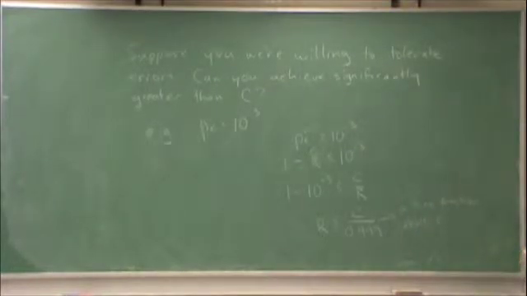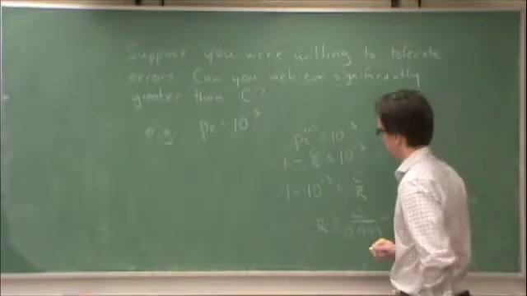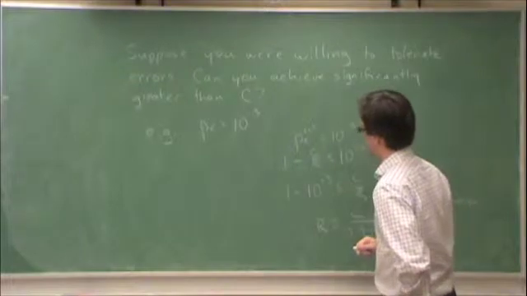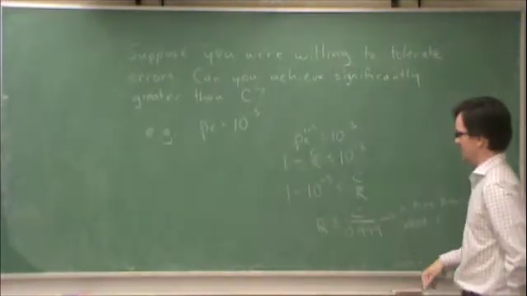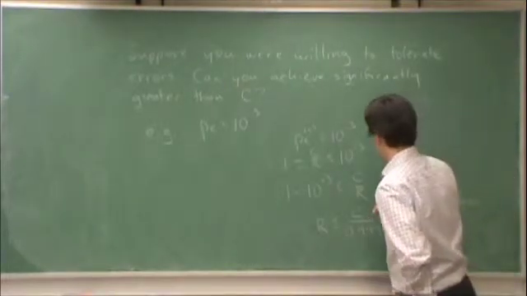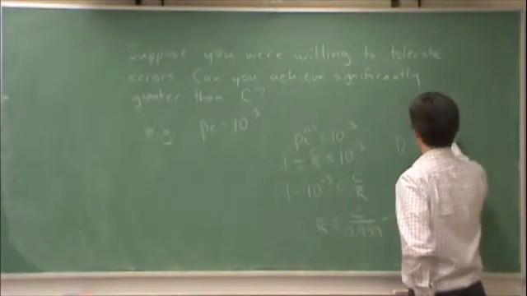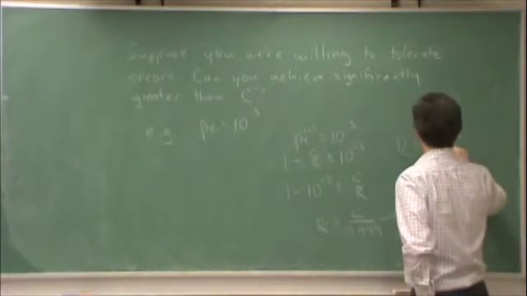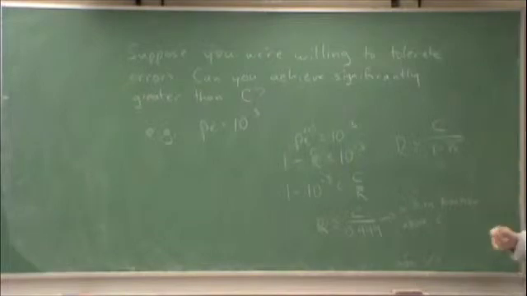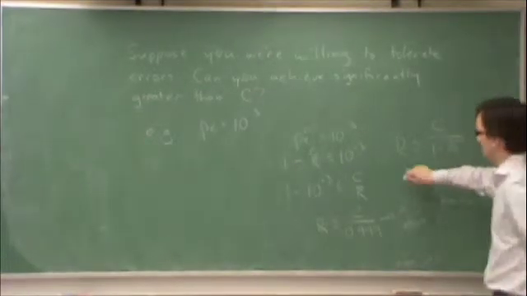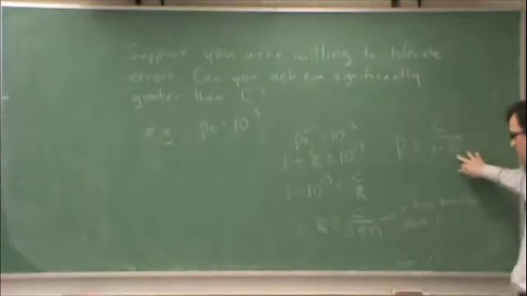So let's say you're willing to tolerate some small error rate beyond 0, like 10 to the minus 3. If we solve this in general, R is less than or equal to C over 1 minus P_E. So even if you're only willing to tolerate small word error rates, the maximum amount of gain you can get out of R is tiny.